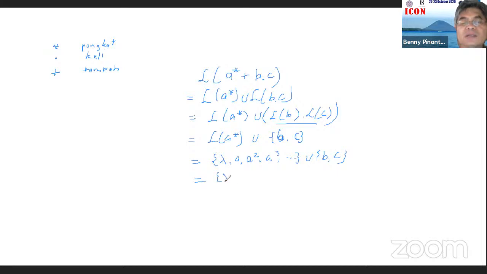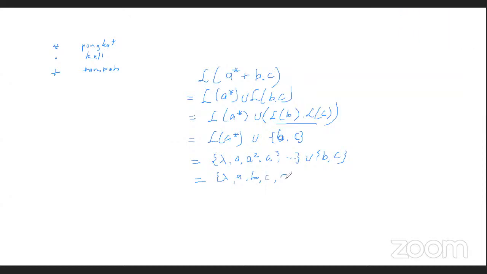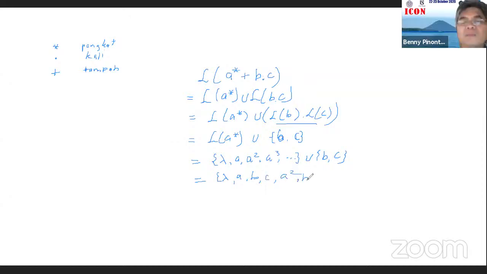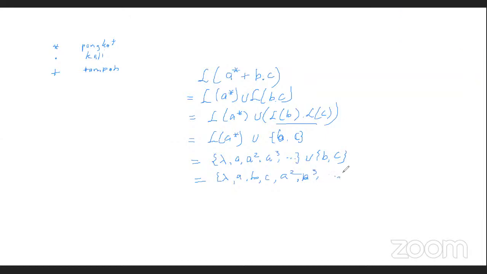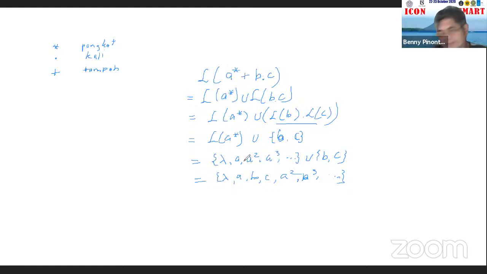So that is the empty string, A, B, C, A square, A to the power 3, and so on. So this is the language of A star plus BC.